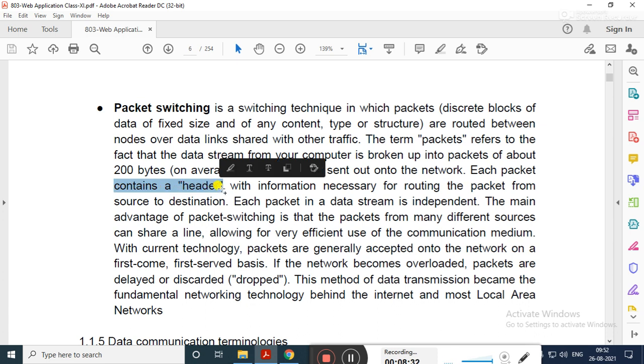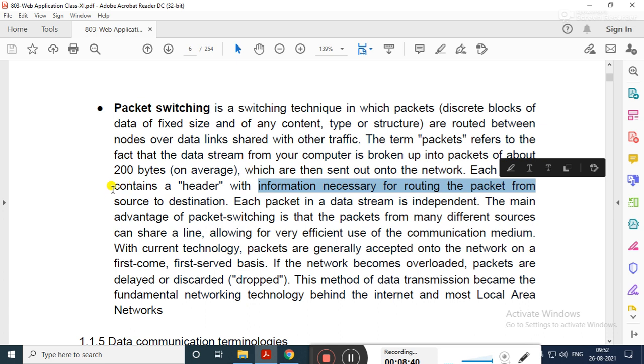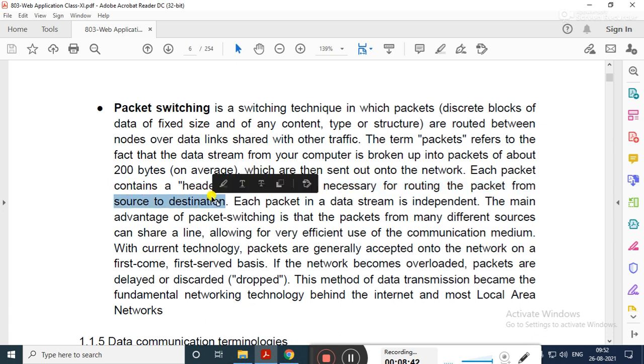What is the header? This is the main thing. Each and every packet has a header with the information necessary for routing the packet from source to destination. When you order a parcel from Flipkart or Amazon, and the delivery boy comes to your house, the address you gave is pasted as a slip on the front of your parcel, visible to everyone who sees it.